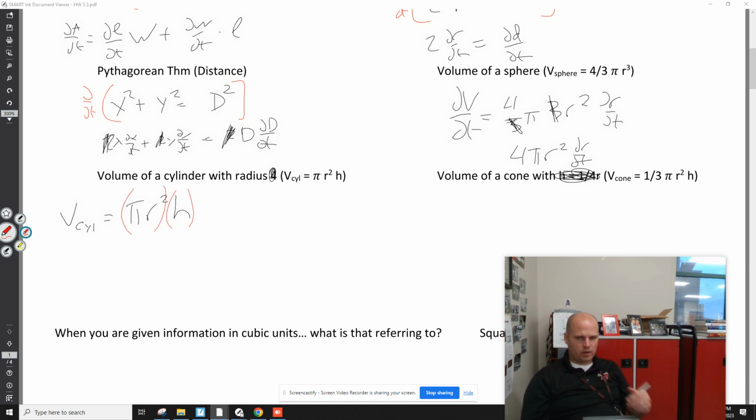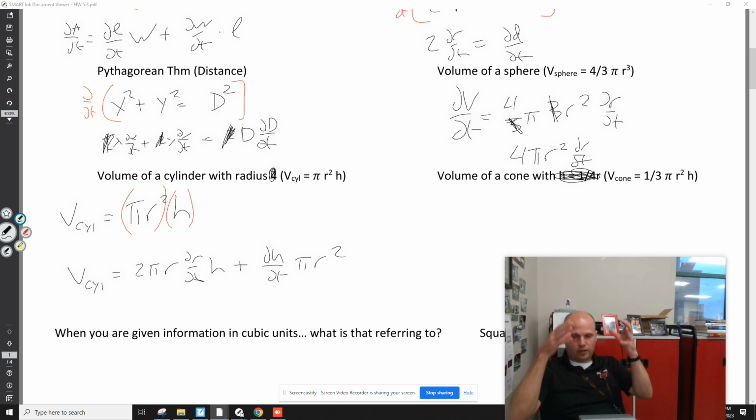You need to use the product rule. This is especially important if you have a cylinder where every aspect of the cylinder is changing. The radius is changing and the height is changing. Maybe it's not realistic, but it's done. Derivative of the first times the second plus the derivative of the second times the first.